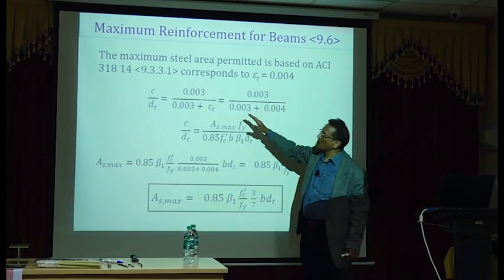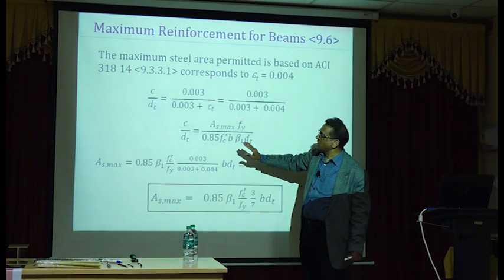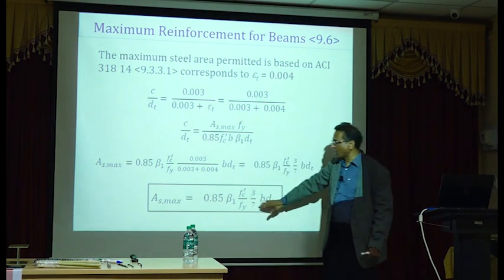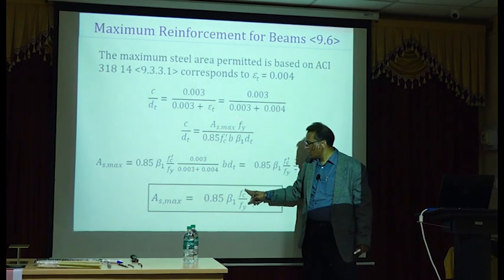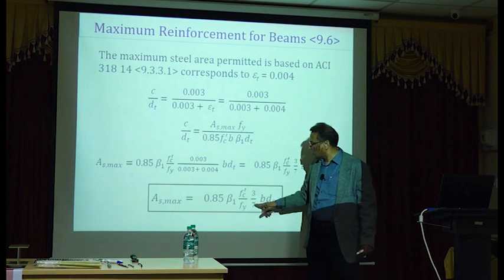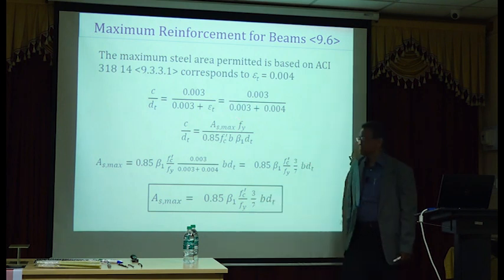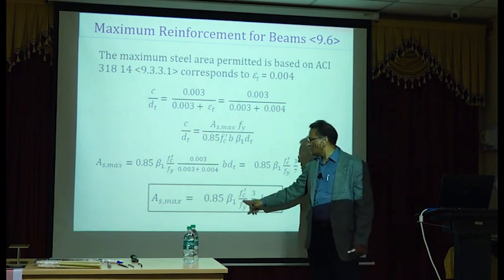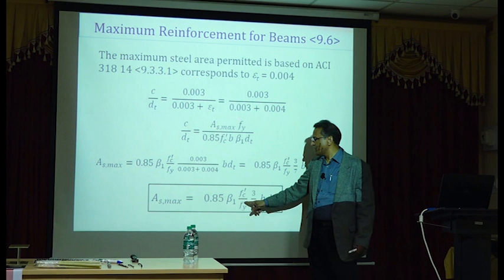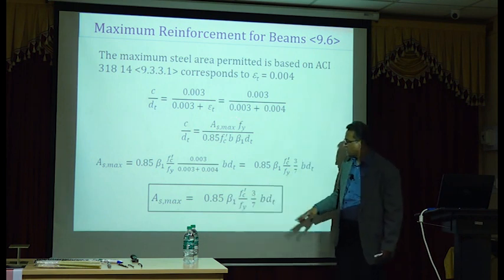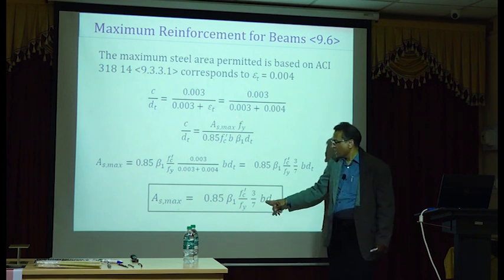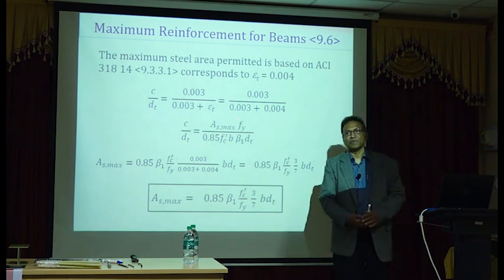So find the corresponding compressive force and tensile force, rearrange the terms, and you get As max equals 0.85 beta 1 f'c over Fy times 3 over 7 times b times dt. As long as you use consistent units, these are similar quantities. Beta 1 has no units. 3 over 7 is just a fractional value. If you use millimeter here, that will be As max in square millimeter. Okay, very simple.